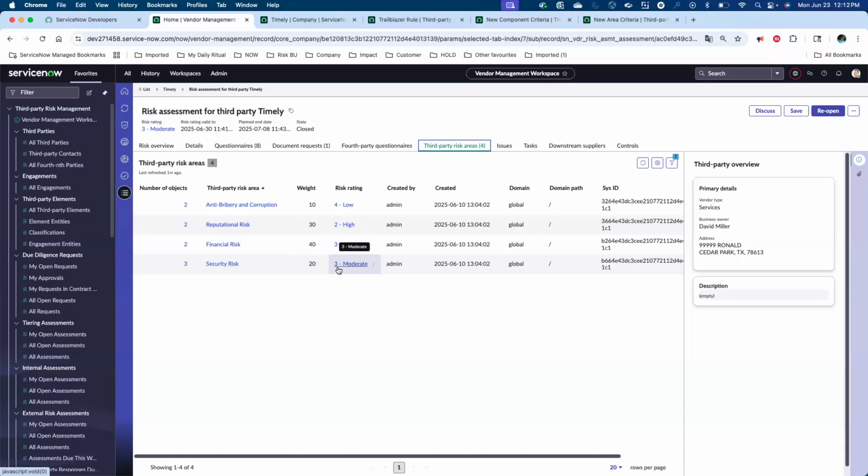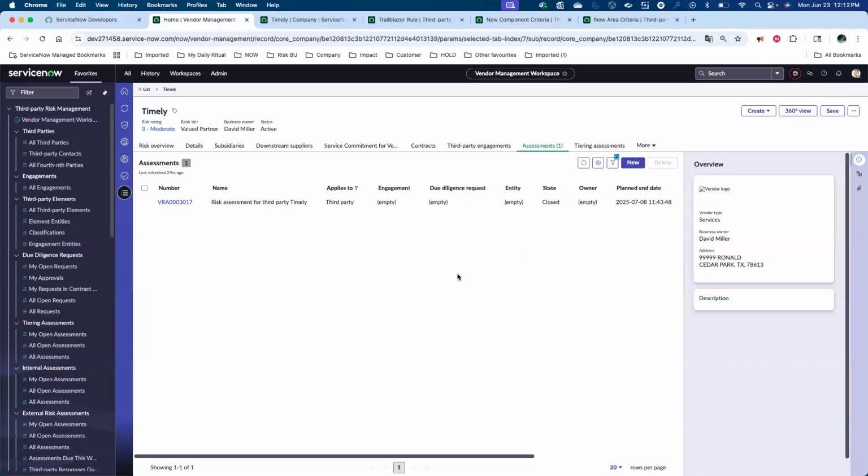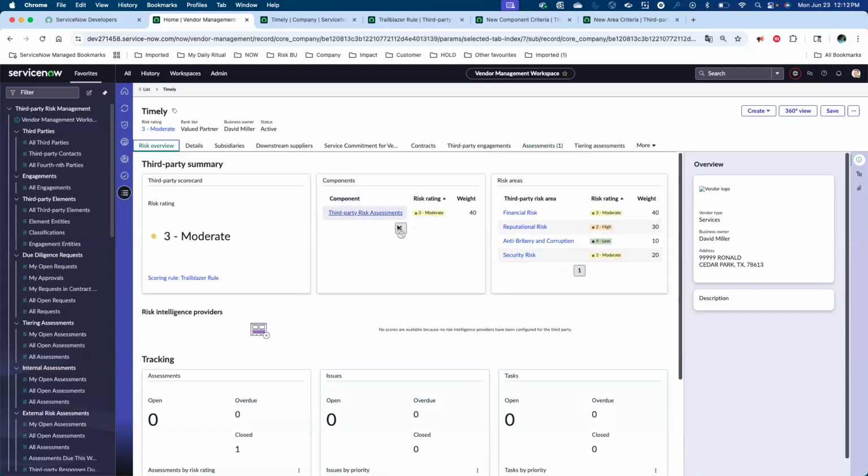So it becomes 280. 280 divided by 100 becomes 2.8, always rounded up. So that is 3 moderate. So this is how the assessment's risk rating was derived. And it is the assessment's risk rating that is your component, a 3 moderate over here, right?